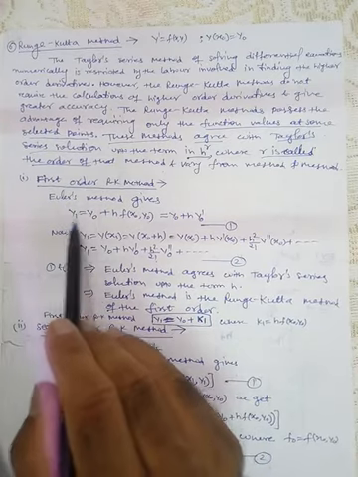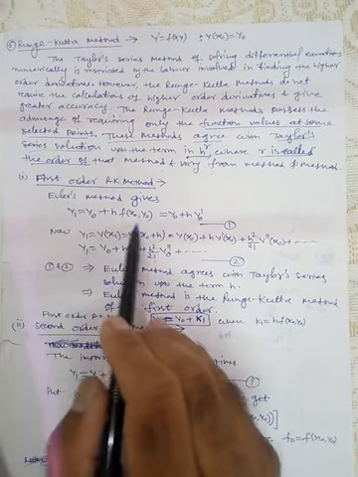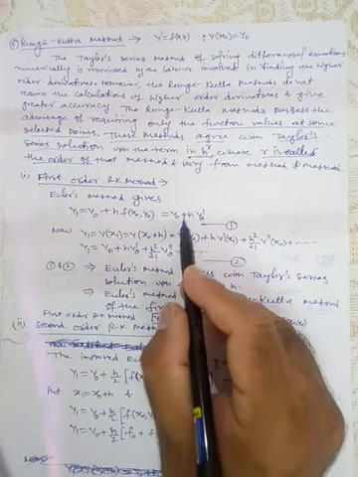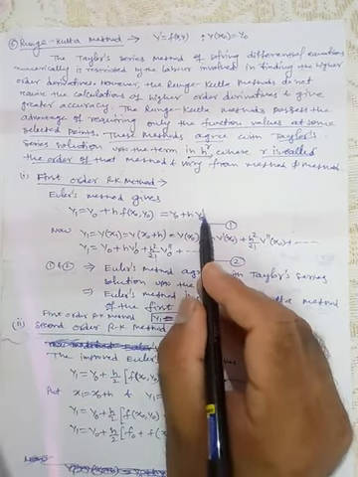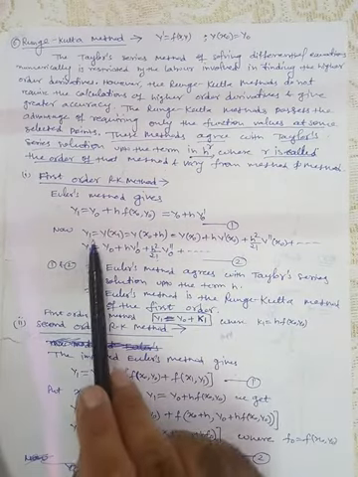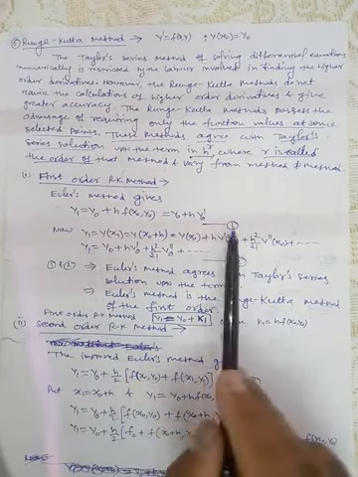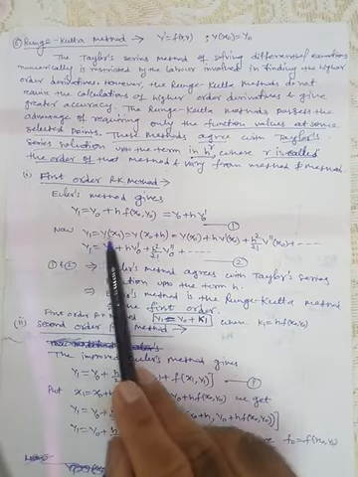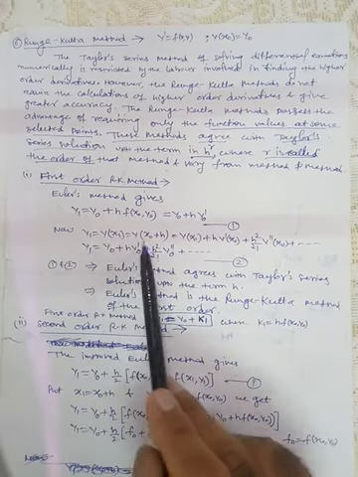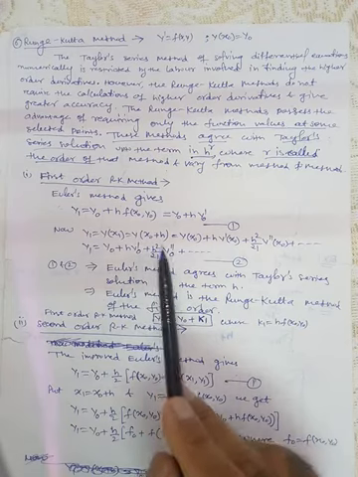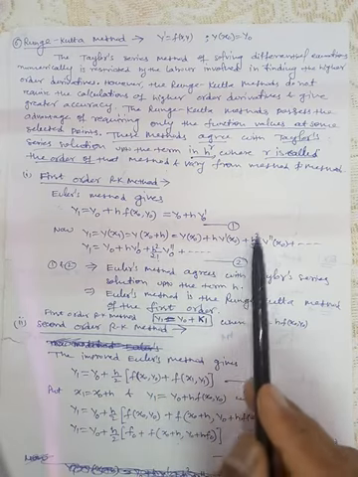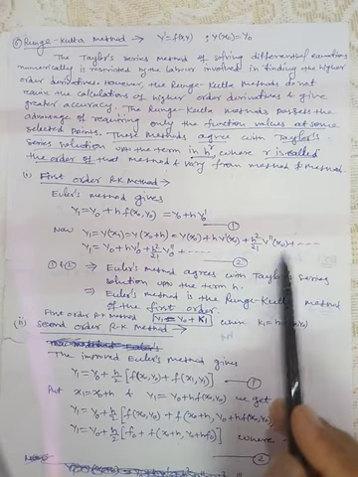This is Euler's method: y1 is y0 plus h f(x0, y0), which in short can be written as y0 plus h y0 dash. So y1 comes from Euler's method. Now from the Taylor series, y1 is y at x1, but x1 is x0 plus h. Now expand this with the Taylor series: y at x0 plus h is y0 plus h y0 dash plus h square by factorial 2 times the second derivative at x0, and so on.